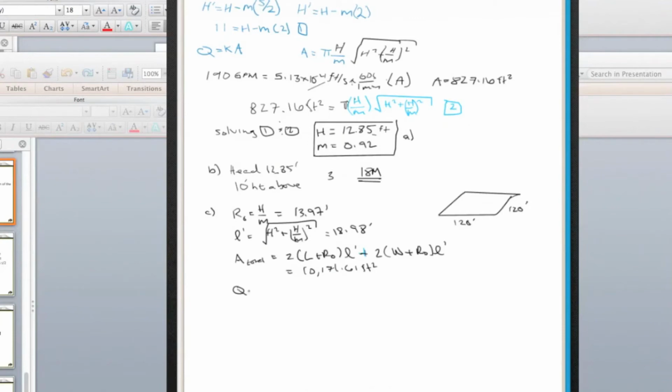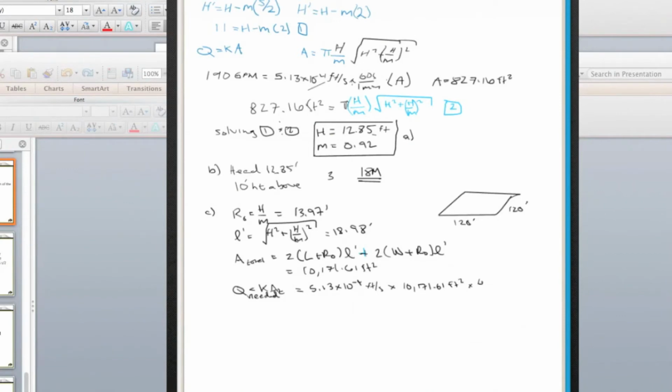And we know that Q equals KA. So using this total, put a T here, this is going to give our needed Q, our needed flow rate in order to keep the steady state. So using our K value that I mentioned above, 5.13 times 10 to the negative 4 feet per second, times our area from right there, 10,171.61 square feet. Let's change this into gallons per minute.